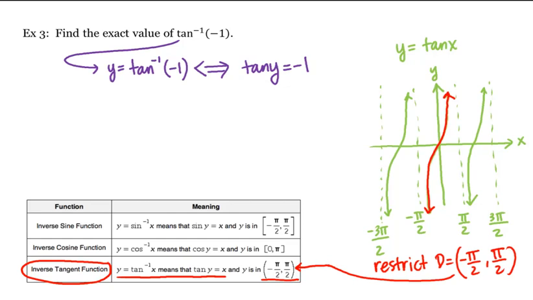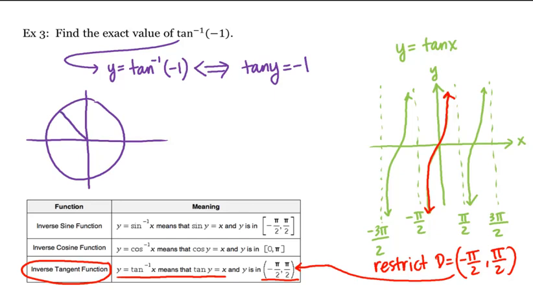Again, thinking of our unit circle, the tangent of this angle here, or 5π divided by 4, is equal to -1 because the ratio of y to x here will be equal to -1.